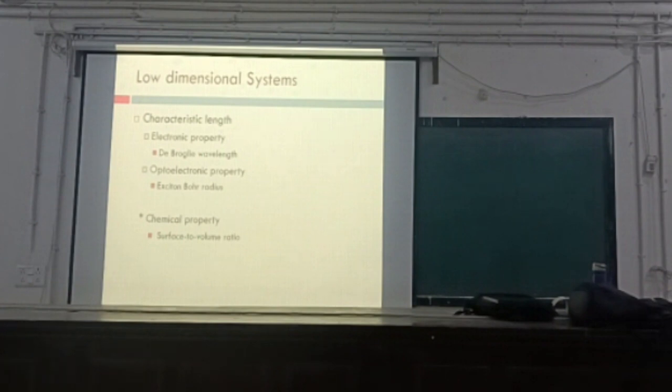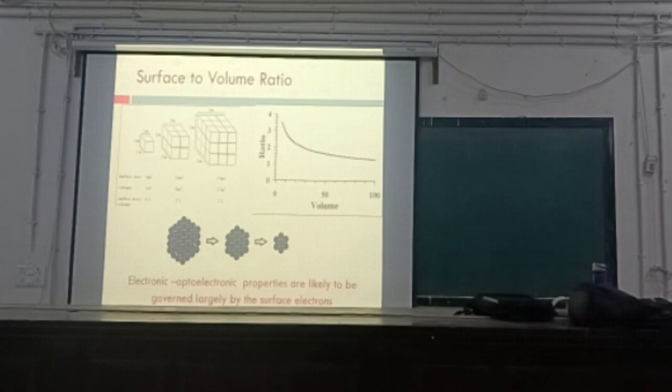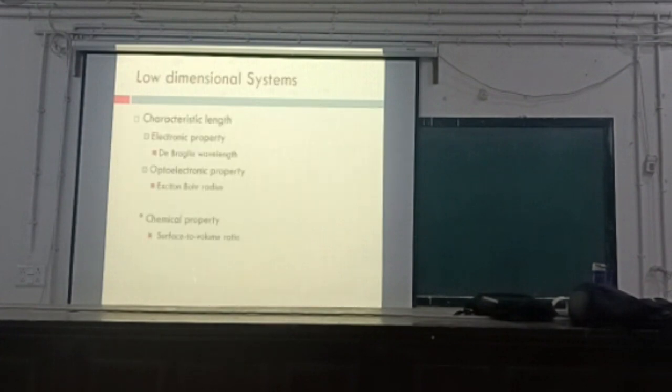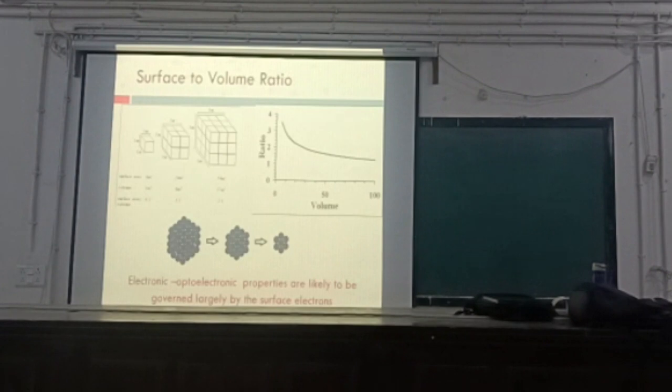And when you are talking about chemical property, actually surface to volume ratio matters, because chemical reaction takes place at the surface. So surface to volume ratio becomes important. If you decrease the size, what happens? Look at this, the surface atoms and bulk atoms.